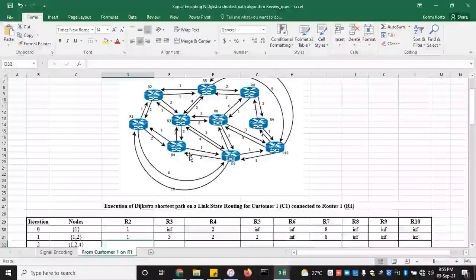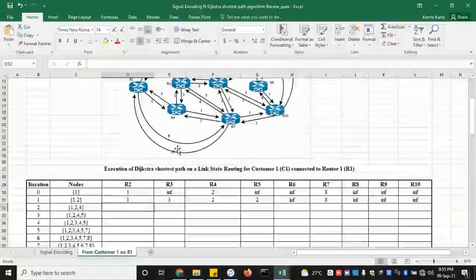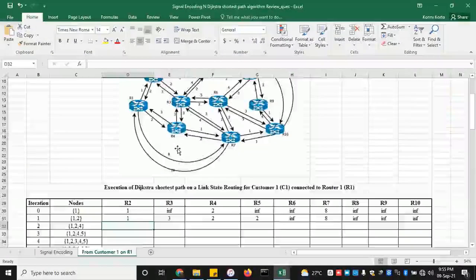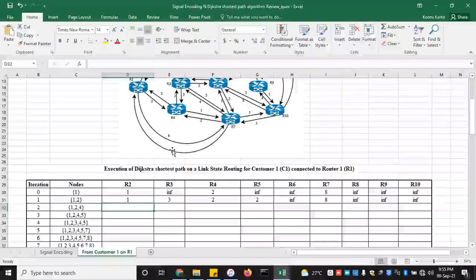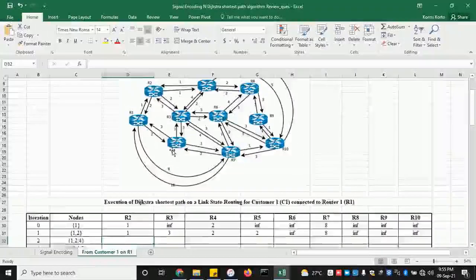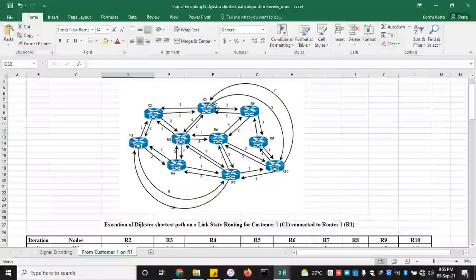So we started with 1 to 2, which is the closest one, 1 to 4, closest one, right? And then obviously when we come down, we're even going to encounter 5 before we can even get to 3.